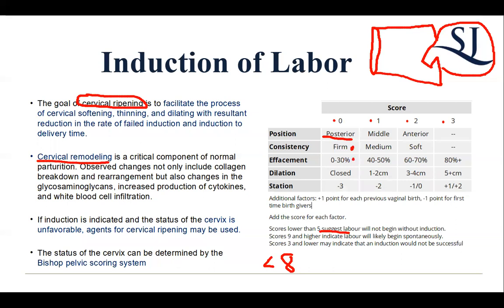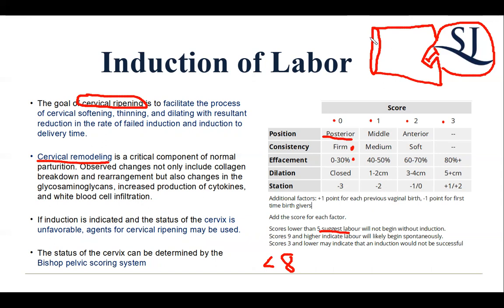It's the thickness of the cervix. That's how you want to think about it. So if you're 0% effaced, that means that cervix is long. It has a thickness to it, like a length. If you're thinking about the cervix here, this part is your effacement or lack thereof, okay?